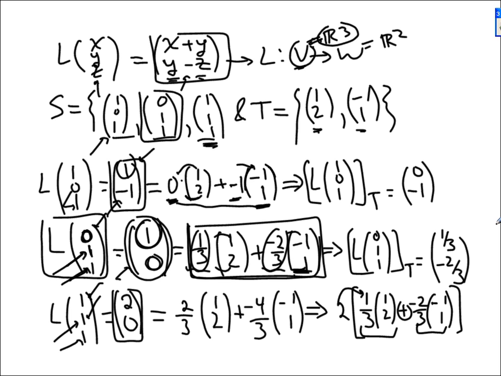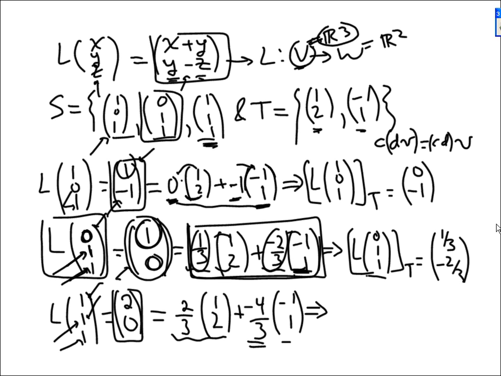We had a rule that says C times D times the vector V is the same as CD times V, that is, multiply the two scalars and then multiply by V. That's what I'm doing now. 2 times the third is 2/3 times the vector 1, 2, plus 2 times negative 2/3, negative 4/3, times the vector negative 1, 1. That's the justification why that works.